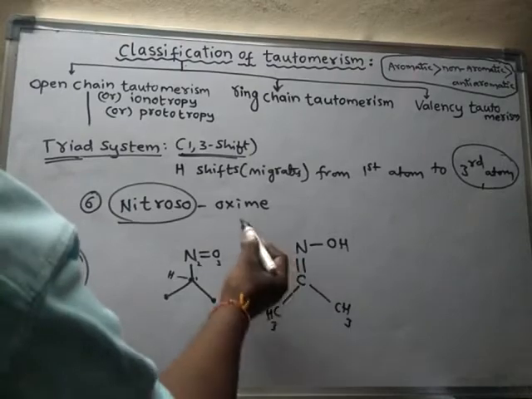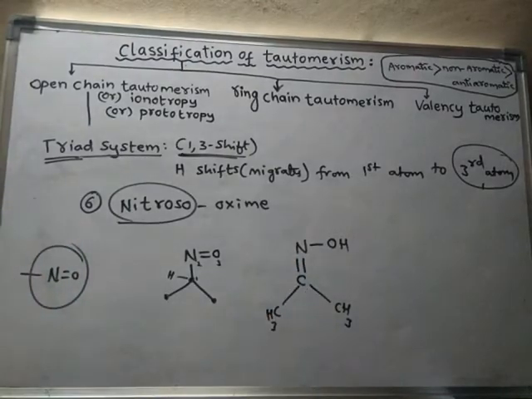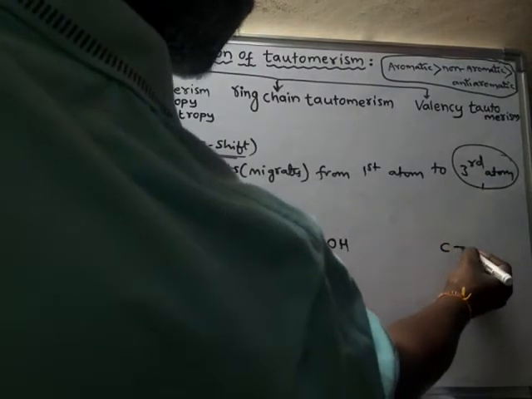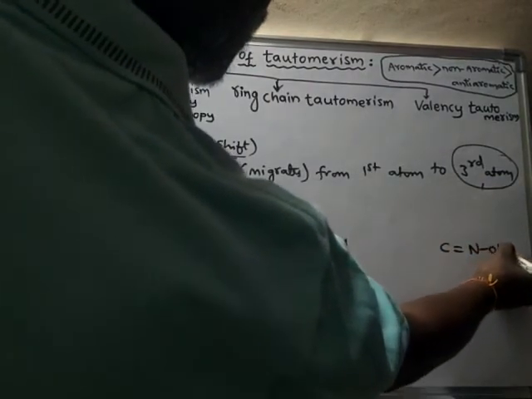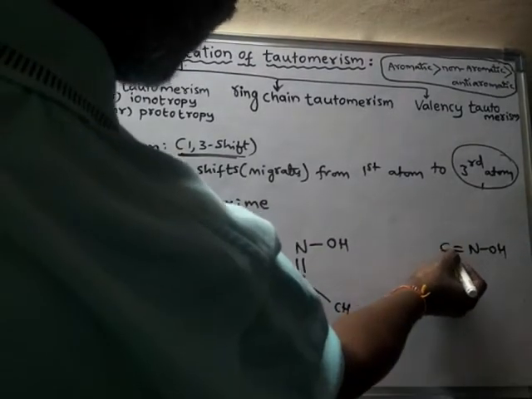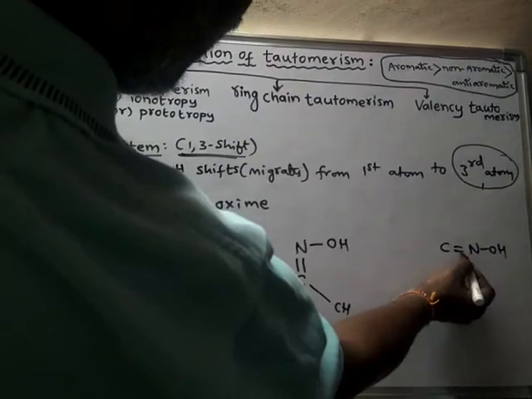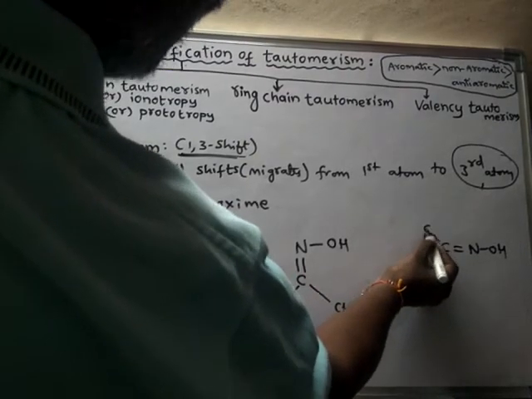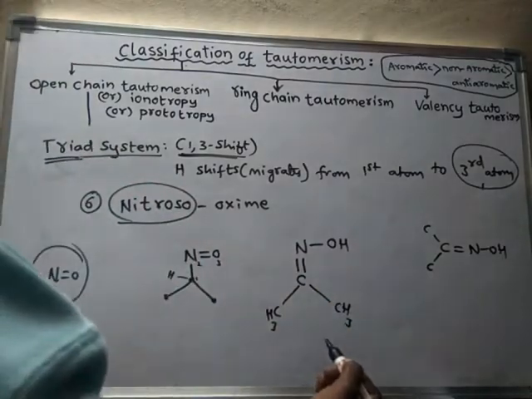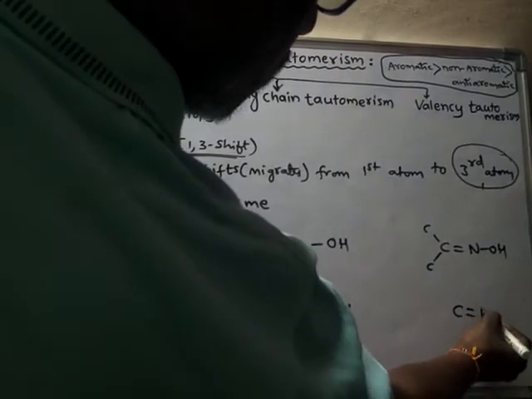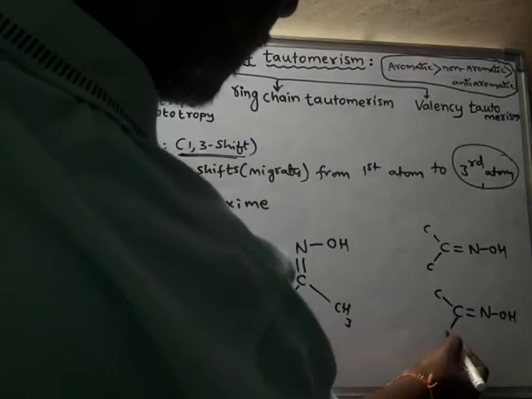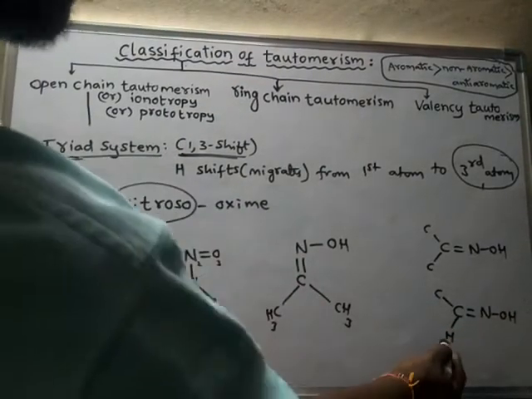Remember that there are two types of oximes: aldoximes and ketoximes. Suppose it is like this, then it is said to be an oxime. Generally, the carbon which is attached to this nitrogen by a double bond, if it is attached to two carbon atoms, then it is said to be a ketoxime. If it is attached to only one carbon and the other one is attached to hydrogen, then it is said to be an aldoxime.